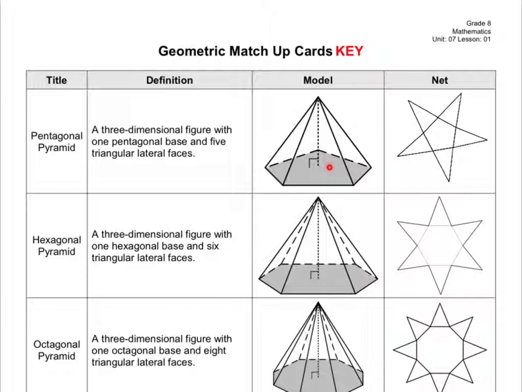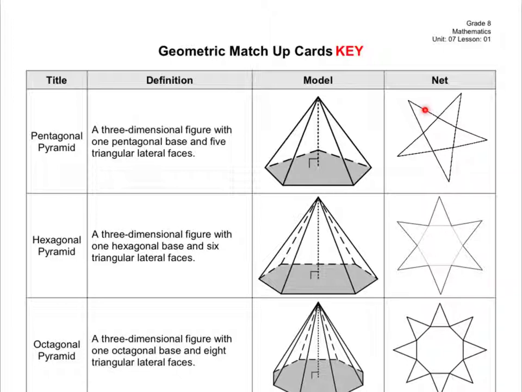Something that I might want to point out to you. Notice this little thing that's going here. This is the height. There's our right triangle, and these are our lateral heights. We'll use all of these when we get to finding the surface area, and again, here's our net and what that net looks like.